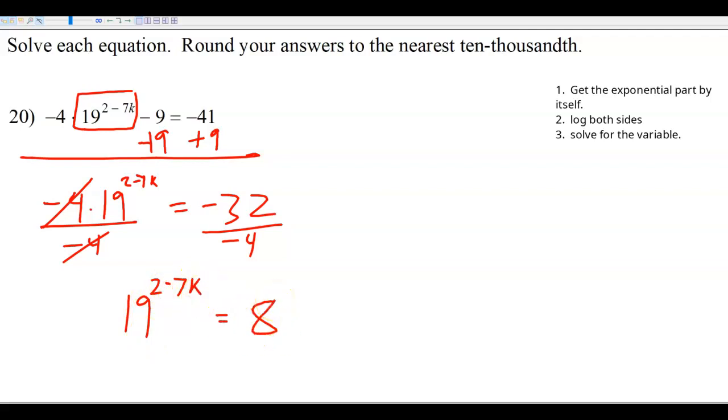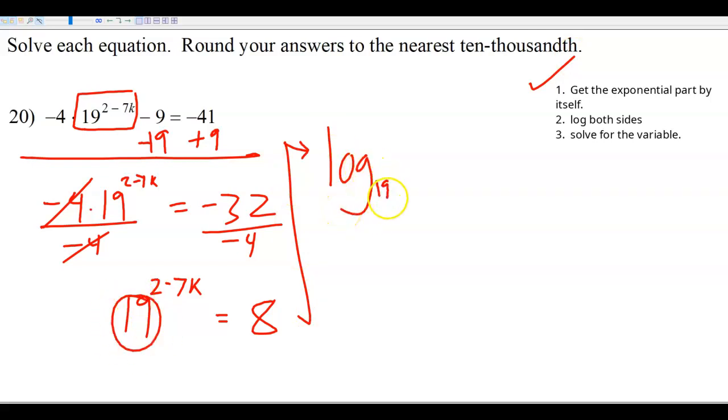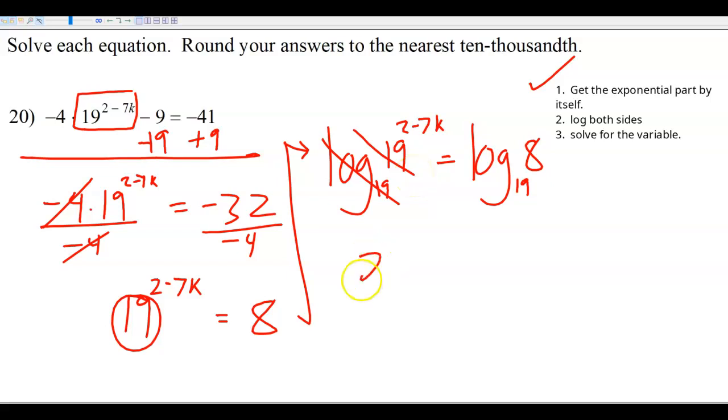All right, so after we get the exponential part by itself, we're going to log both sides using a base of 19. So on the left side, those cancel, and I'm left with 2 minus 7k.